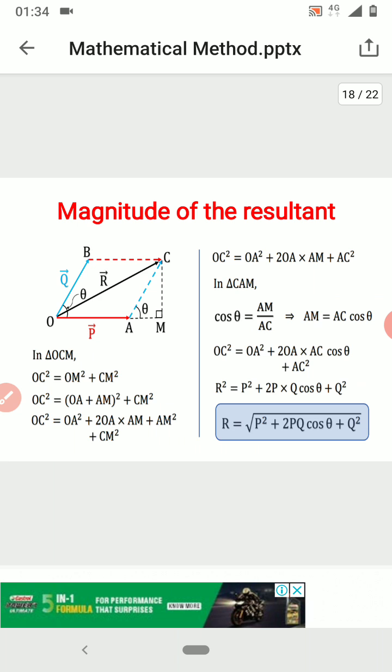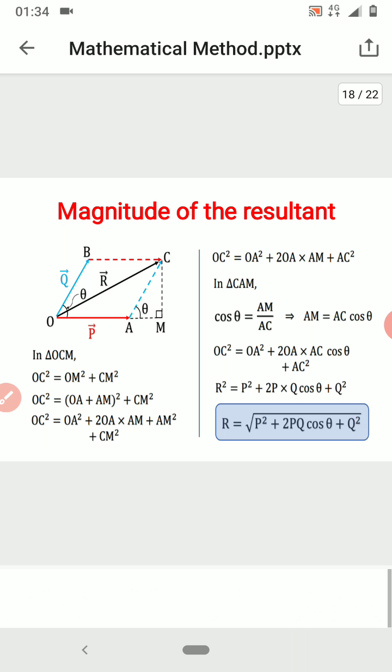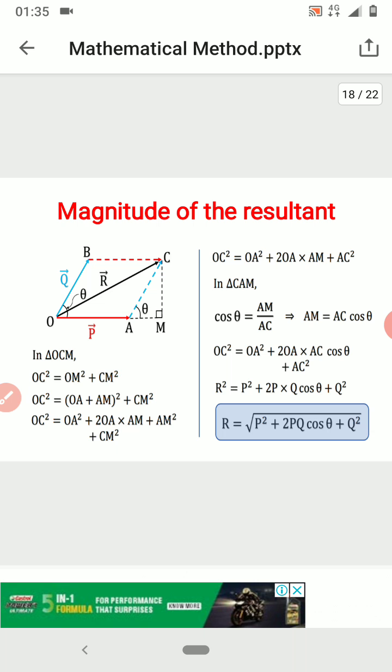So let us see here. In the exam, sometimes they ask you to find the expression for the resultant and its direction, or the proof of the law.